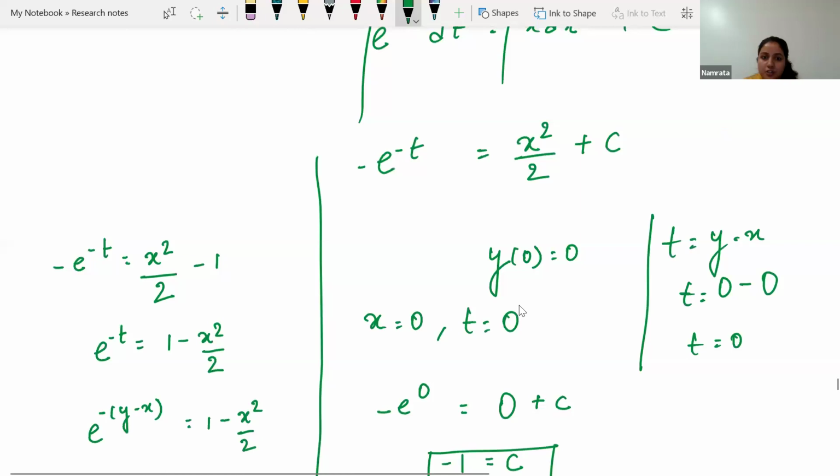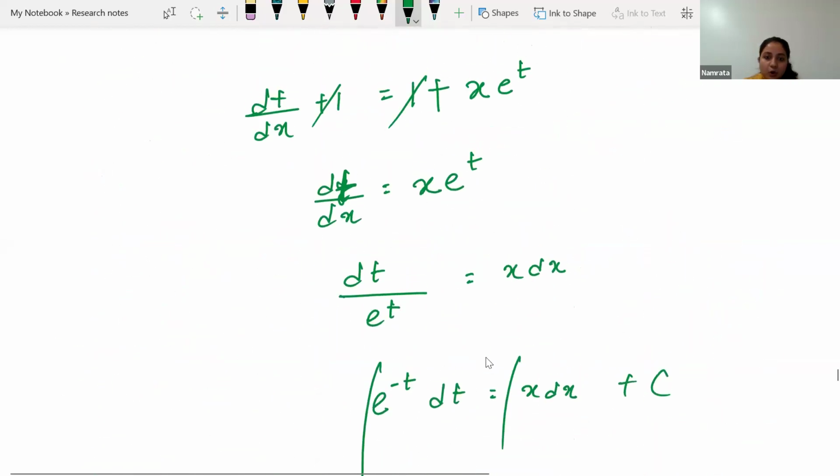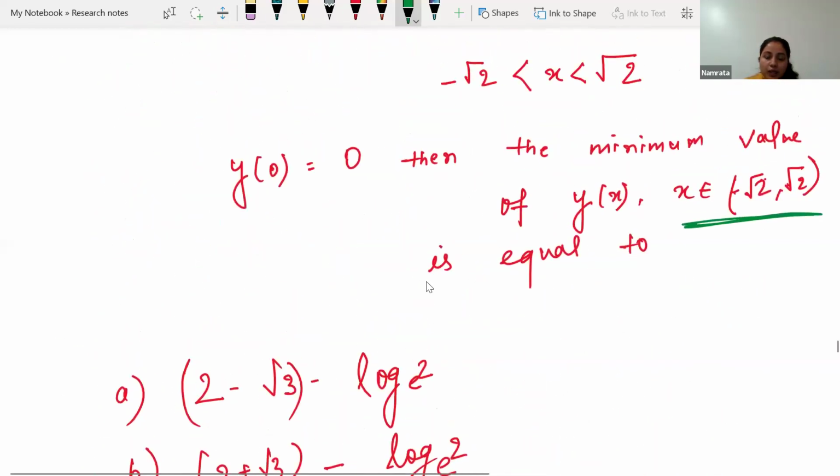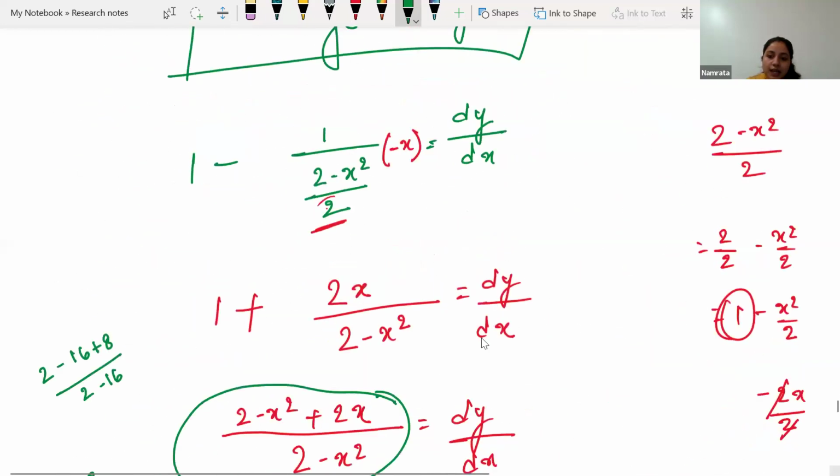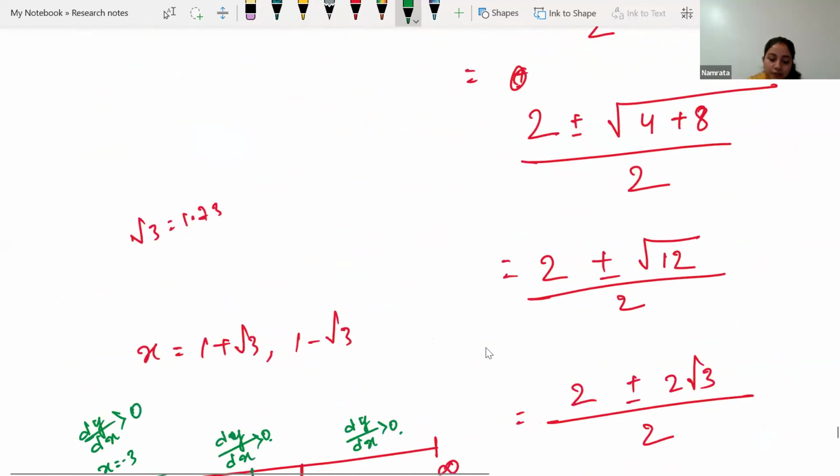From here we need to get the point of minima, and then we need to calculate y from here, and that y is given over here. Let me check where exactly we are making the mistake.